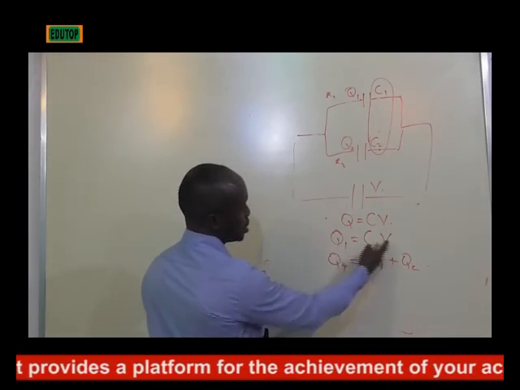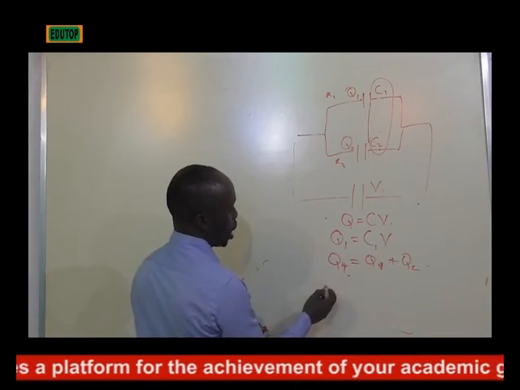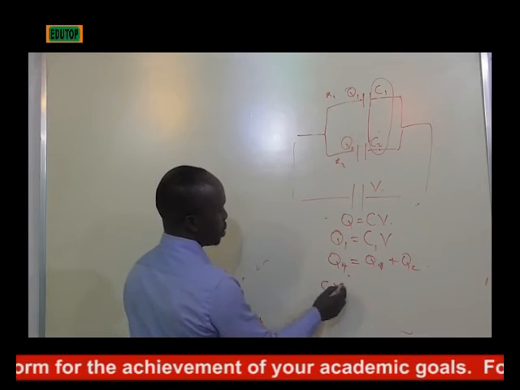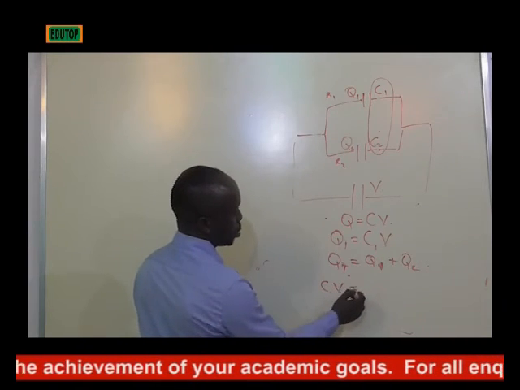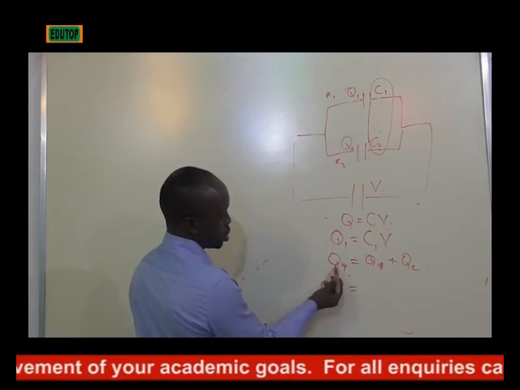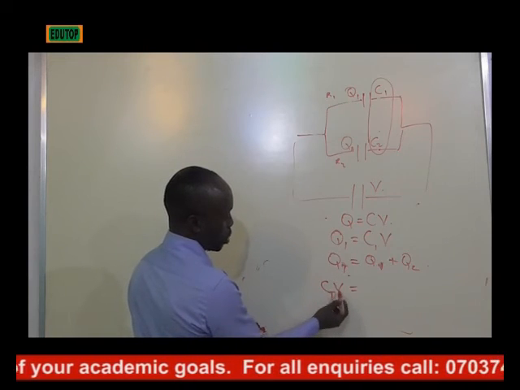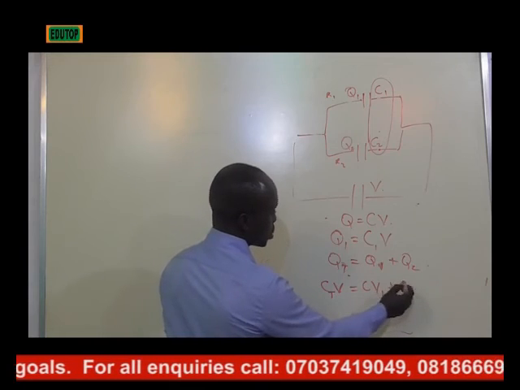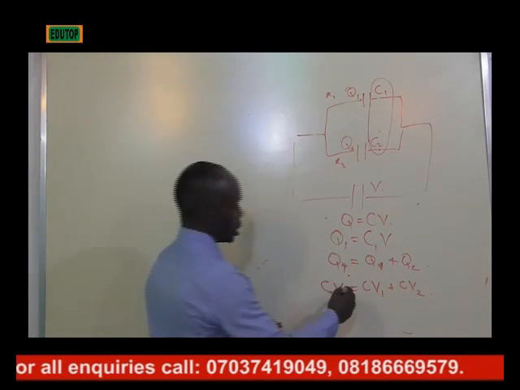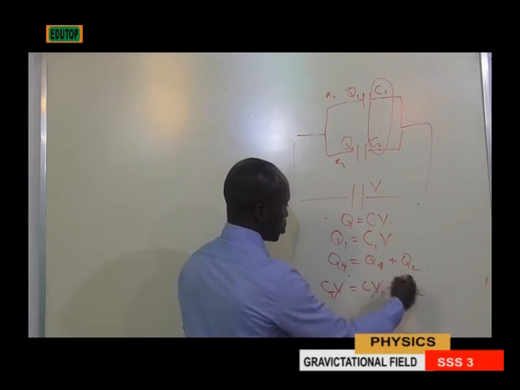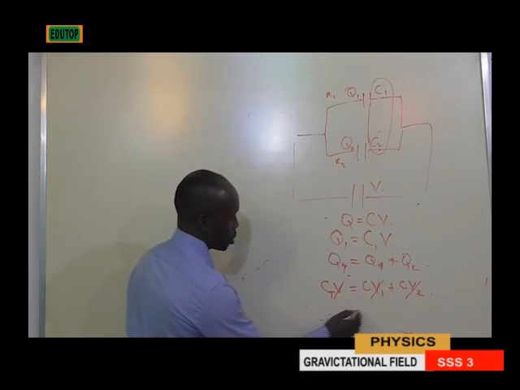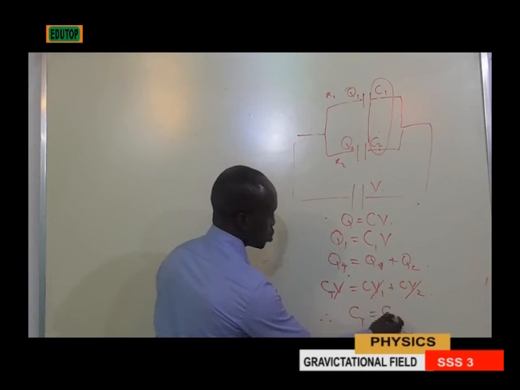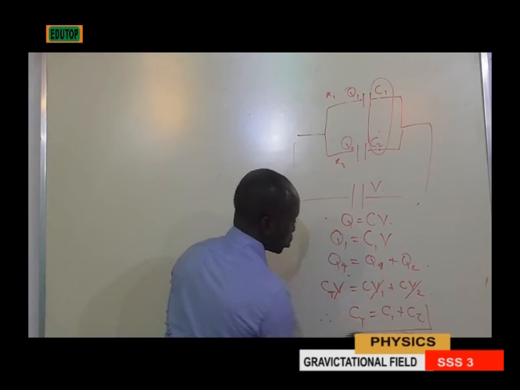You know your Q is CV, so you just substitute them in. It's going to be C total V equals C1V plus C2V. So you just cancel out the potential difference here. Automatically, you're going to have your C total equal to C1 plus C2.